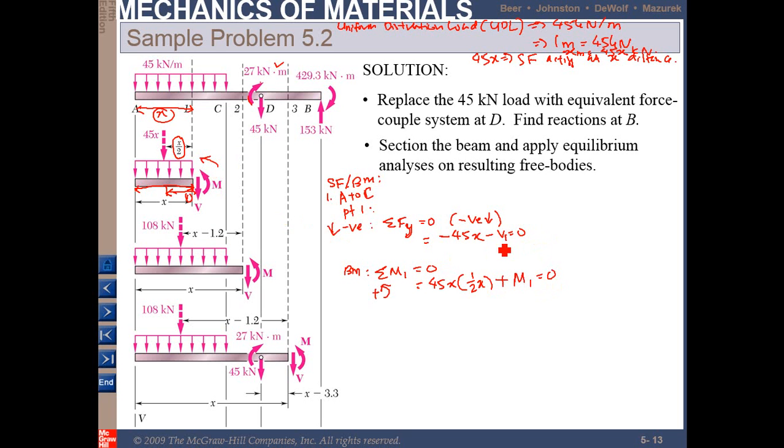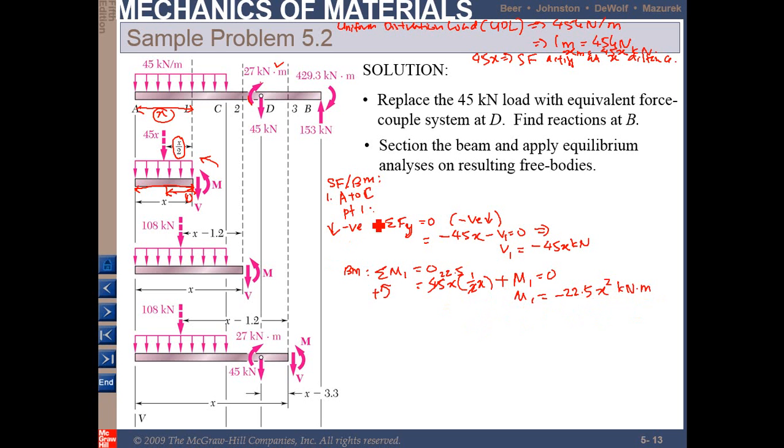Okay, so for this one, maybe I write it here, V1 is equal to minus 45x kilonewton, and for this M1, 45x times half x, you can cut this, is equal to minus 22.5 x times x, which is x square, kilonewton meter, because this is moment.